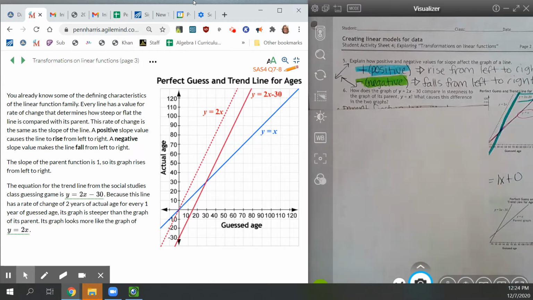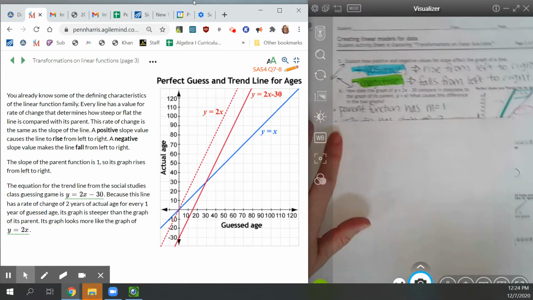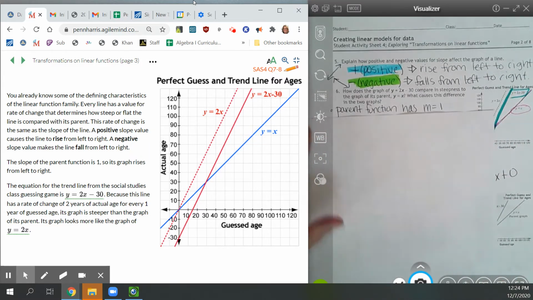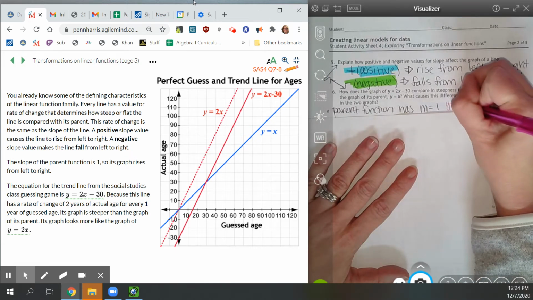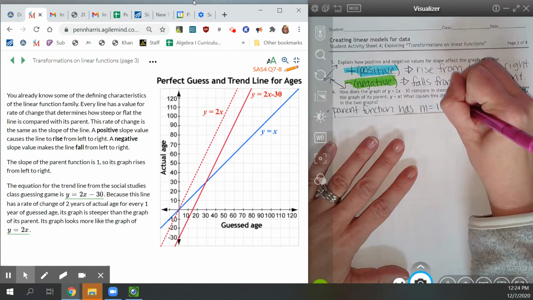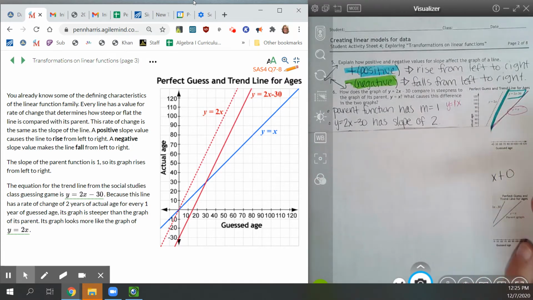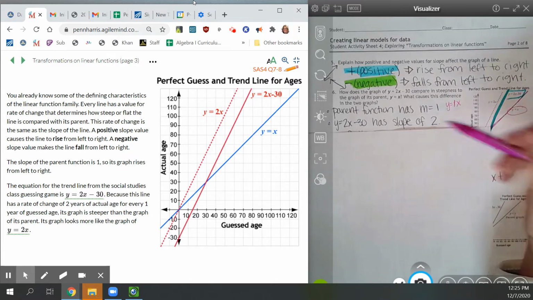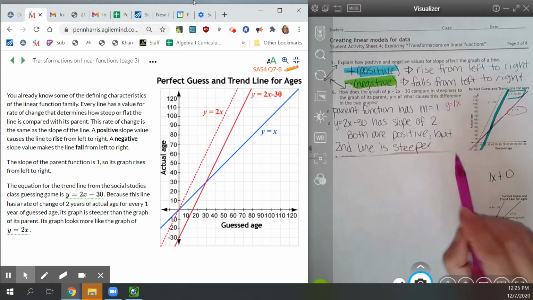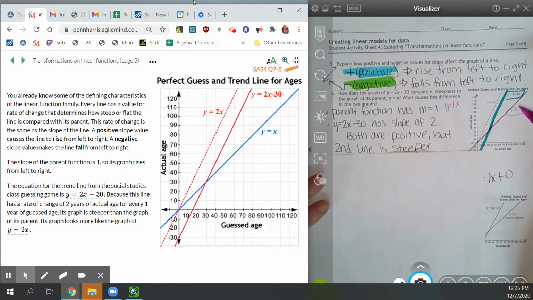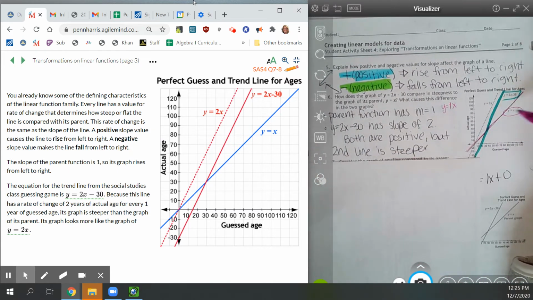What we notice is, I know my parent function has a slope of 1. That's like y equals 1x. It has a slope of 1, whereas the equation that got transformed here has a slope of 2. Both are positive, but the second line, my green line, is a lot steeper than the parent function.